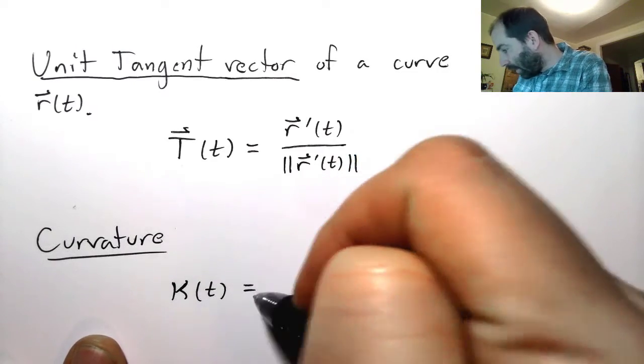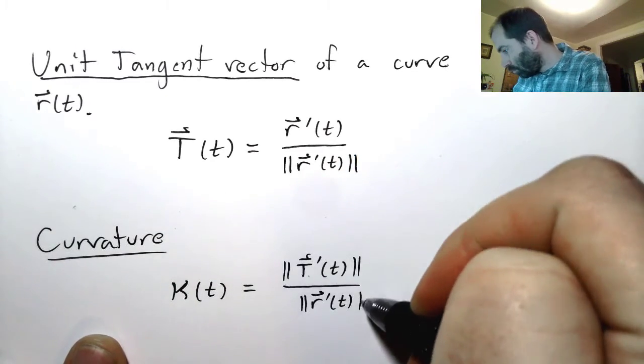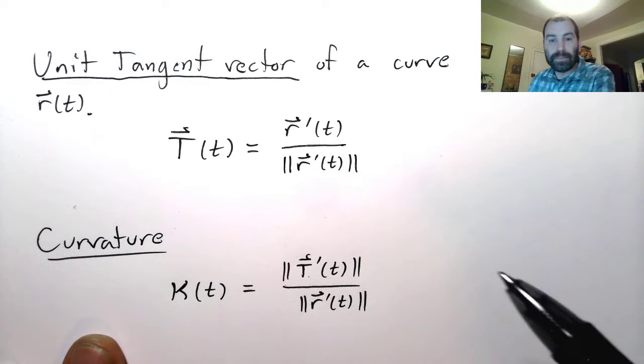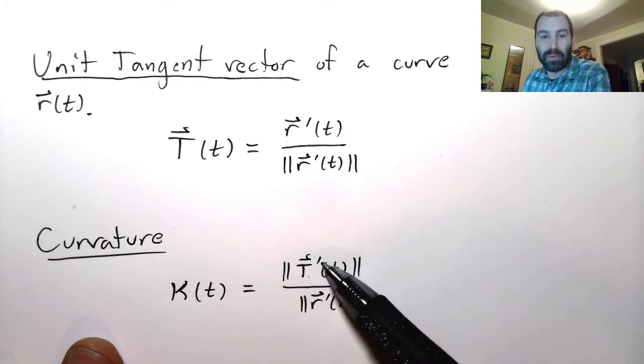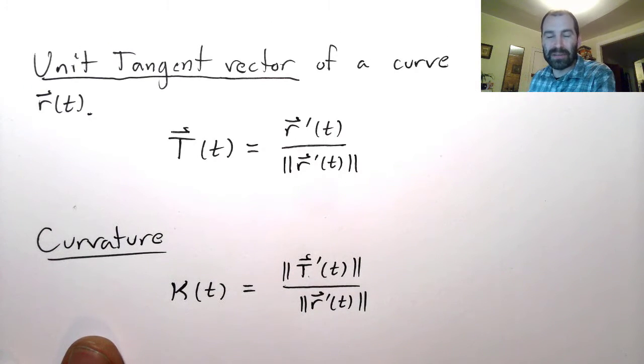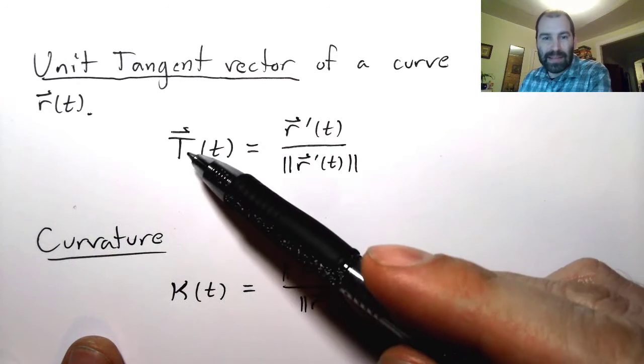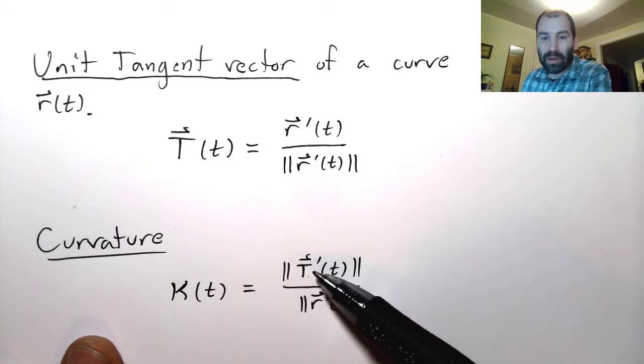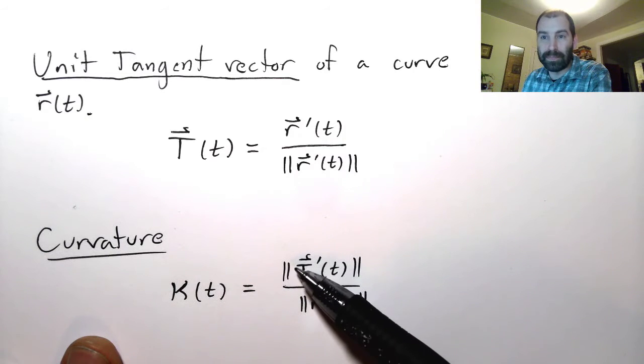And it is given by the ratio of the magnitude of the derivative of the unit tangent vector, T prime, divided by the magnitude of the derivative of the vector function, r prime. Now, yes, T has unit length, but we don't know that T prime has unit length, and so don't think that this is going to be 1.